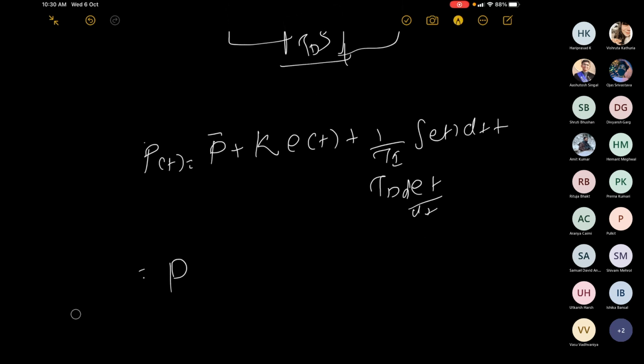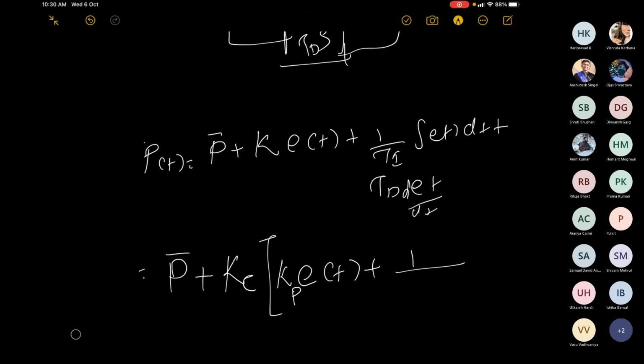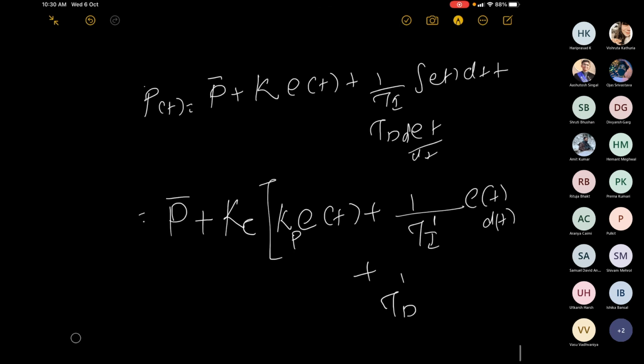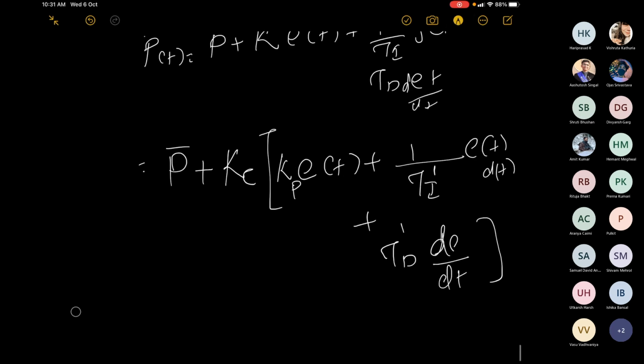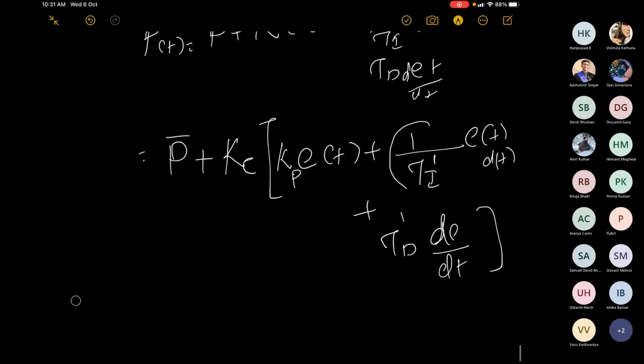You can always take a common factor which I will call Kc. Then I will write Kp times E of t, and I will write tau I prime because I have taken a common factor out, the new tau I, and a new tau d, de by dt. So the new tau I is basically the factor that is taken outside the whole bracket, just to make things simpler.